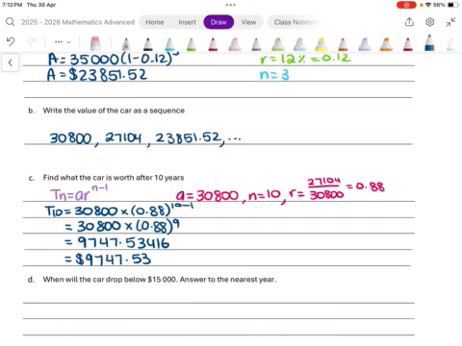Now, the whole point of this exercise is we're using geometric sequences and series. Yes, you can use the compound interest or the depreciation formula for this.